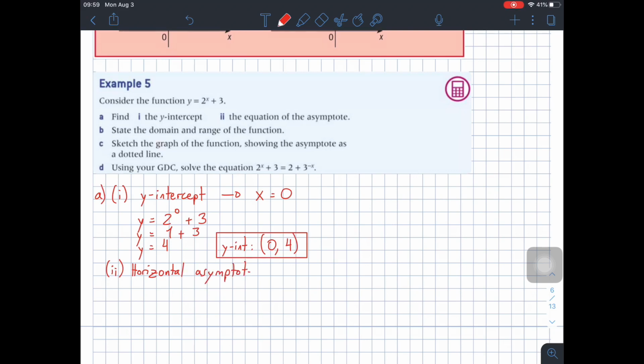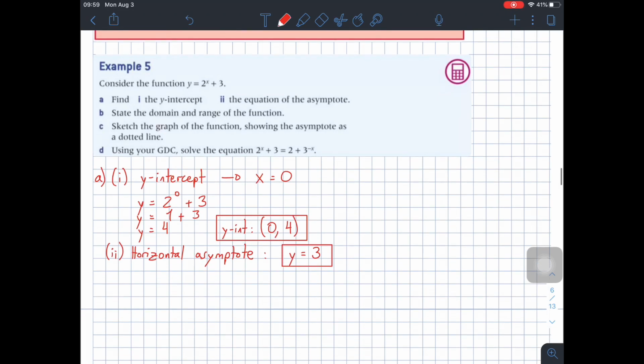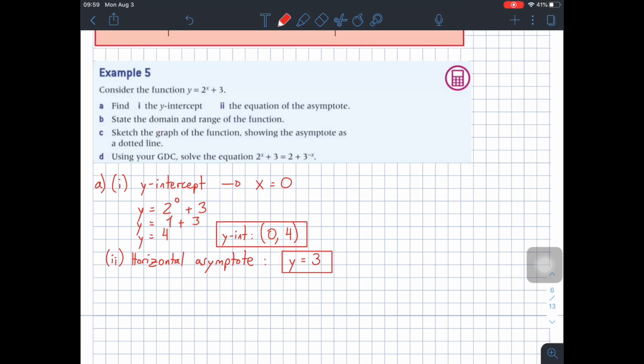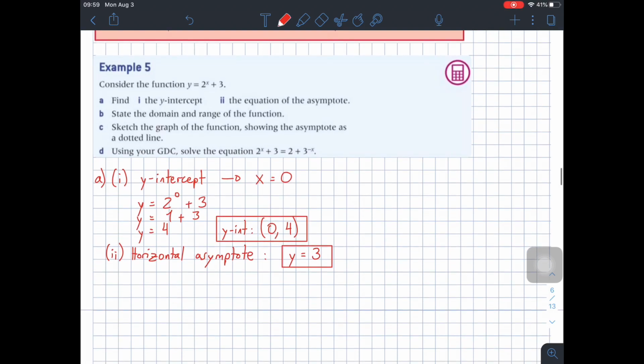So the horizontal asymptote in this case is the line y equals 3. Instead of being y equals 0, we displace the horizontal asymptote 3 units up and we get y equals 3. Remember, you should always write y equals and the value for the horizontal asymptote. And there's no vertical asymptote for an exponential function. So that's it for part A.